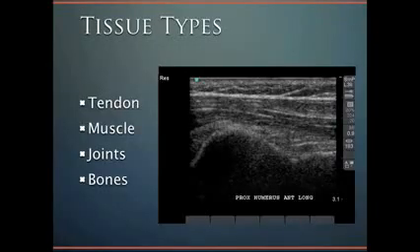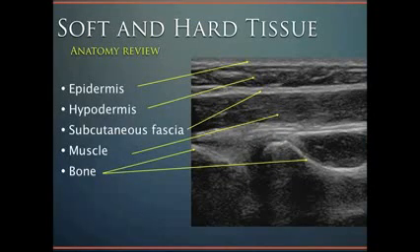Now, the different types of tissue we can see on the ultrasound in those first few centimeters, well, we can see tendons, we can see muscle, joints, and the bones. Now, there's soft and hard tissue. Most of the tissue is soft, and that's from the skin line seen there with the epidermis, down through the hypodermis, or sometimes called the subcutaneous tissue.